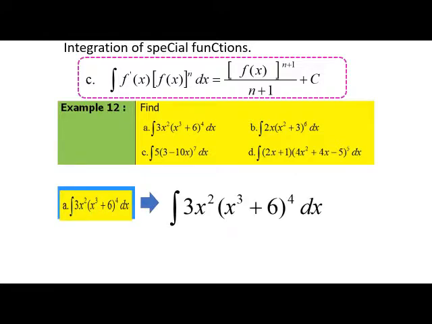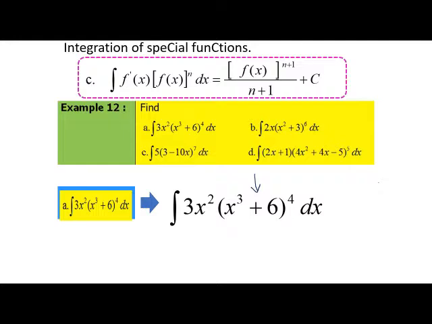First, we have to look at this term first. x cubed plus 6 bracket to power of 4. We know that when we differentiate x cubed plus 6 here, we're going to have 3x squared.